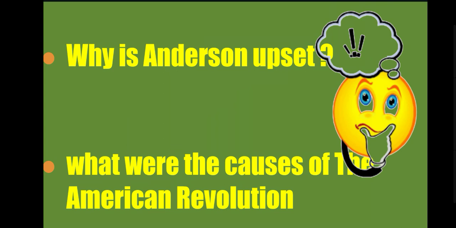Now tell me, what were the causes of the American Revolution? The main cause for the American Revolution was the unfair taxation imposed by the British on the Americans. Although the British felt that these taxes were important to make the British Empire rich, the Americans felt that it was unfair for them to pay taxes without having any privileges.